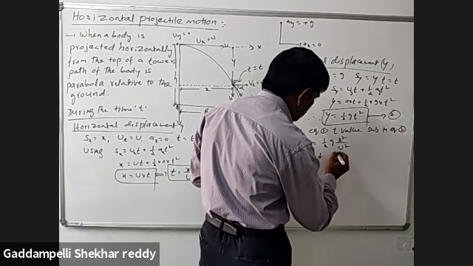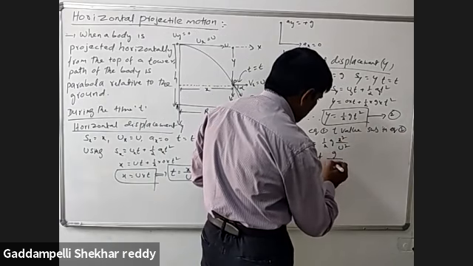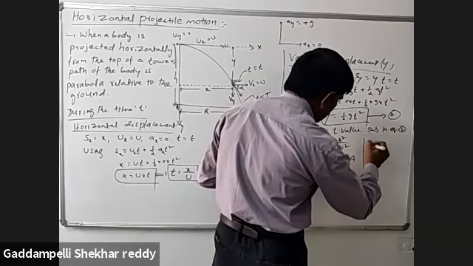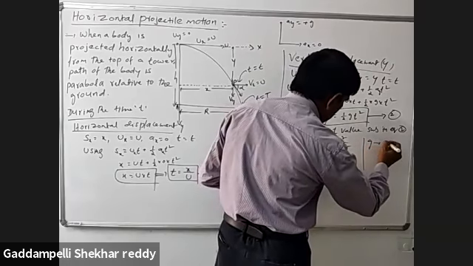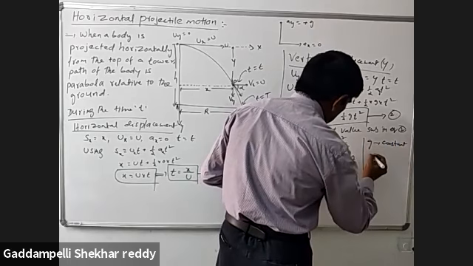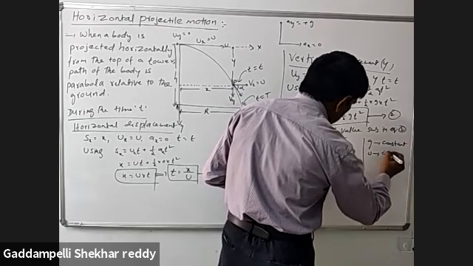Let g by 2u square be a constant, where g is constant and u is also constant.